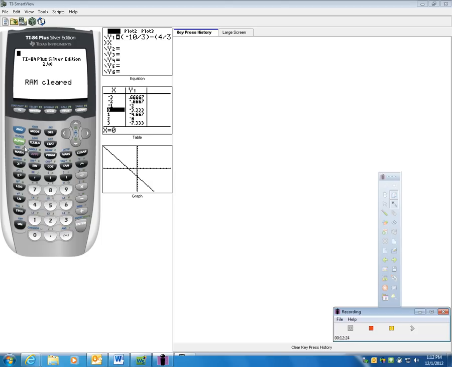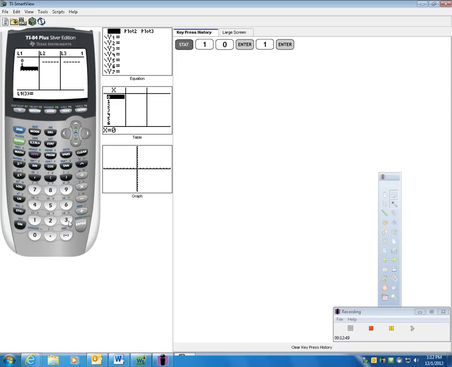So remember, to do that, we got to hit the stat key first, and we're going to edit stats, and we have to enter this table in our calculator. So let's do that. X is 0, x is 1, x is 2, x is 3, x is 4, x is 5. Okay? And then we can enter the y values in our calculator. So let's do that next.